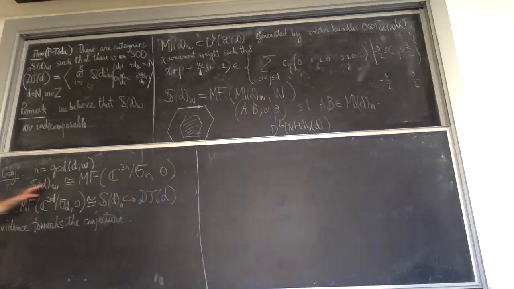Then, instead of asking for this derived equivalence, you can ask for statements in K-theory. Then if you just take the Grothendieck group of SDW and of this orbifold, this Grothendieck group is, well, apparently hard, or at least we don't know how to compute it.